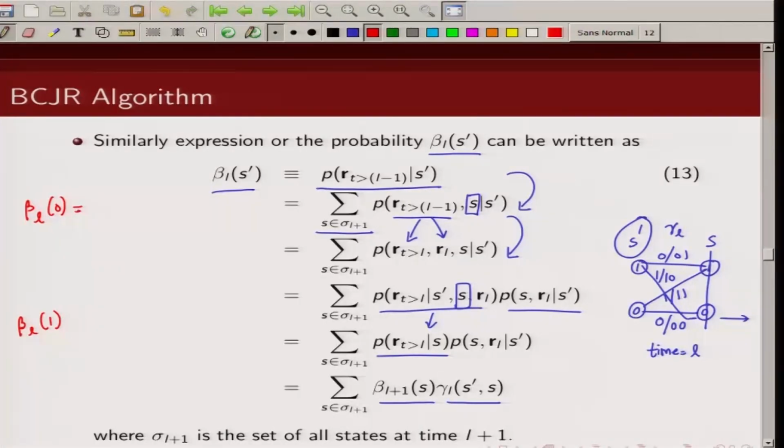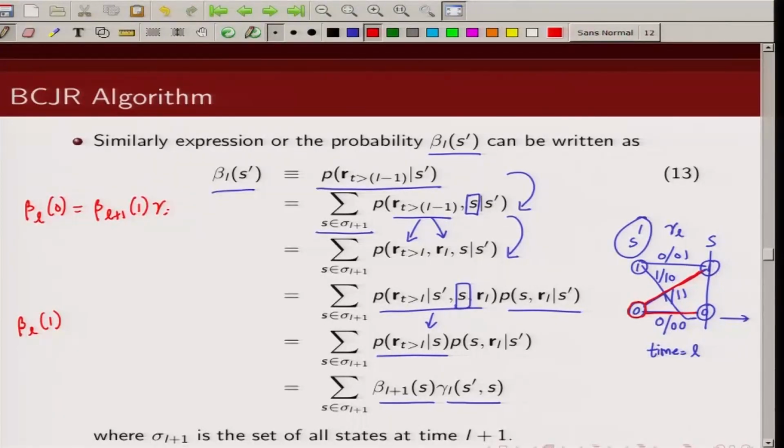Beta L at state 0 is the sum over all those transitions which are ending at this state. There are two transitions, one is this one, another is this one.